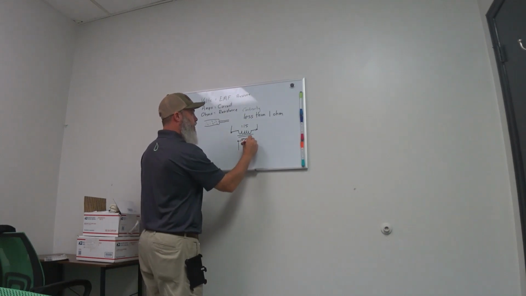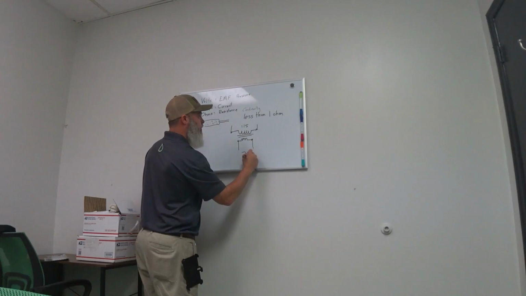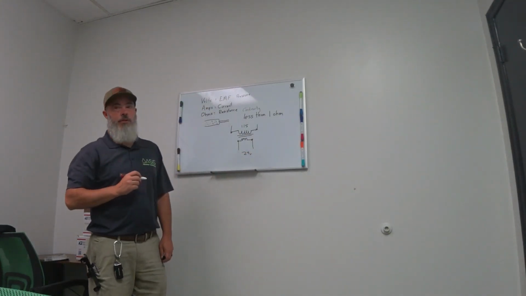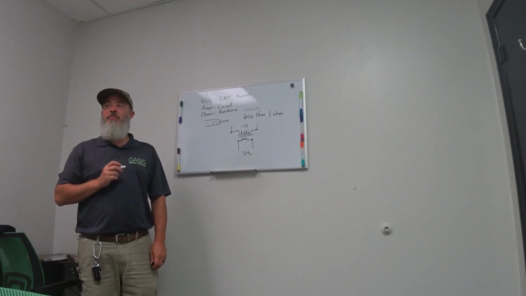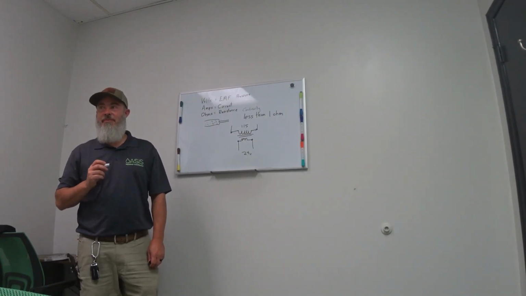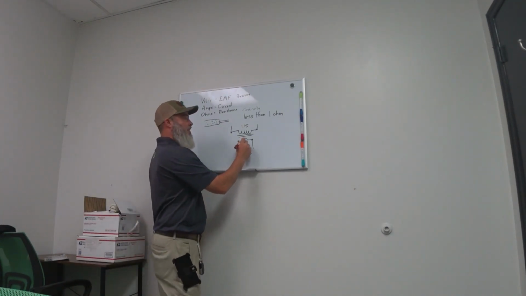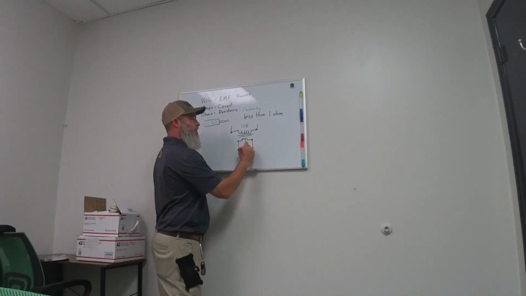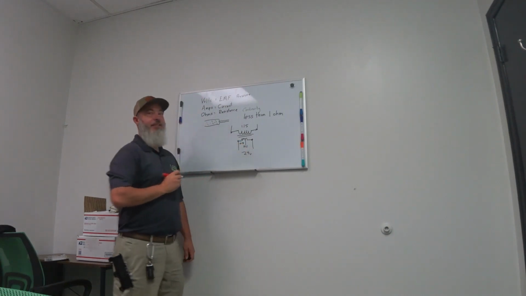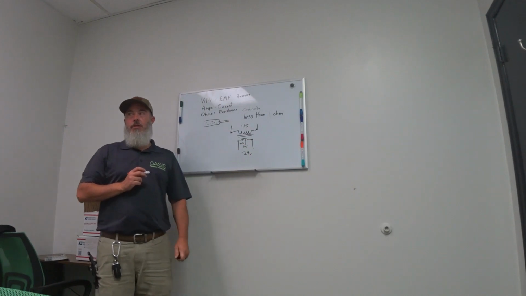From here to here, we've got 24 volts. Now, where do we get 10.5 volts from? Let me show you. That's 10.5 from here and there. This is what you call a tap.